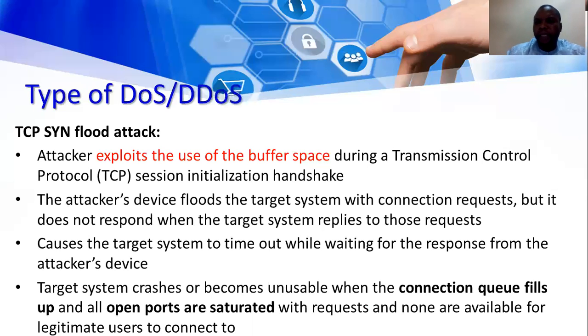And so the targeted system will continue to send a reply to the attackers, and in this case, it will cause a lot of traffic congestion, and this can lead to what we call the DDoS or DoS attack.